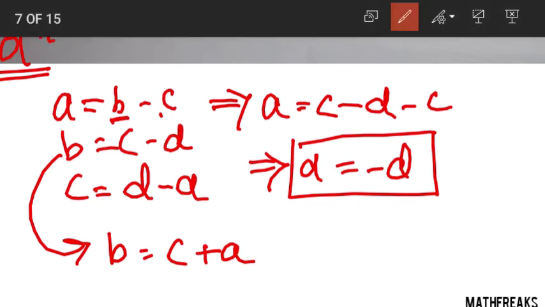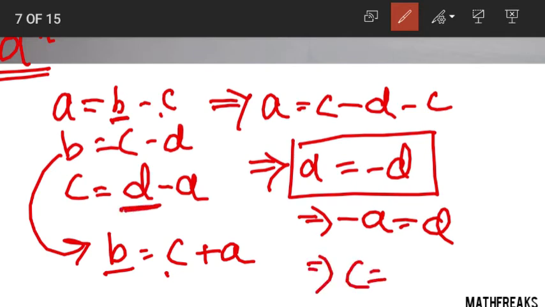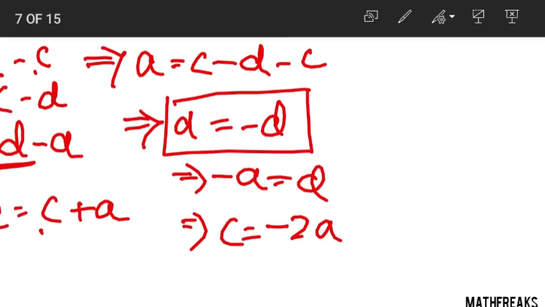So now we have the value of b. If we substitute, we can write it as minus a is equal to d. So if we substitute the value of d here, we would get c is equal to minus 2a, which implies a is equal to minus c by 2. Correct?